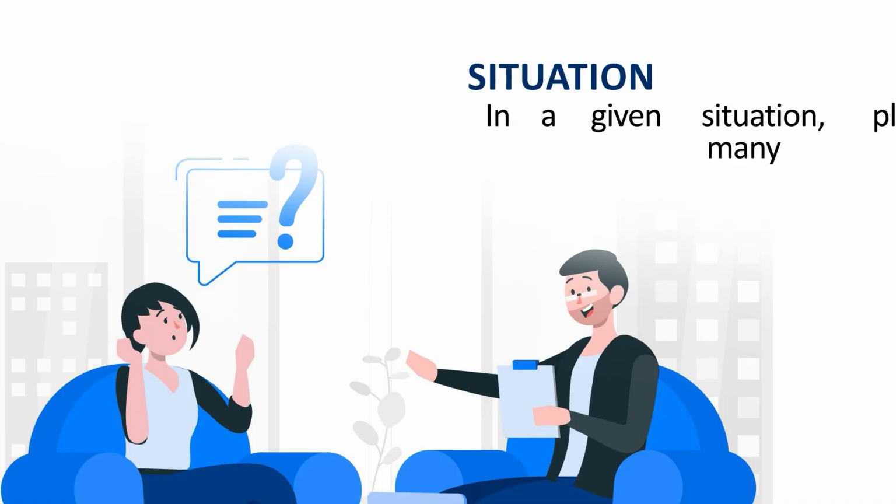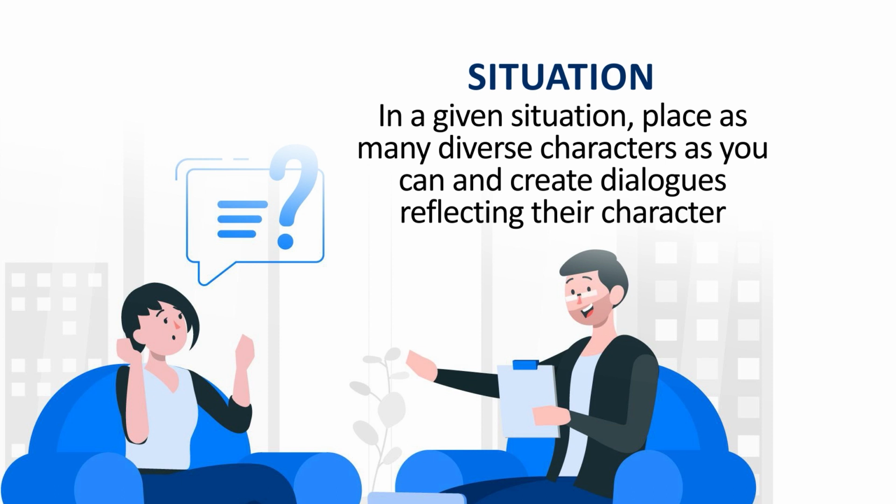Think of a situation, any situation, perhaps even the situation that you've chosen to write about. Bring in as many diverse characters as you can into that situation. Think about what they'd say, how they'd react, how they'd interact in that situation.